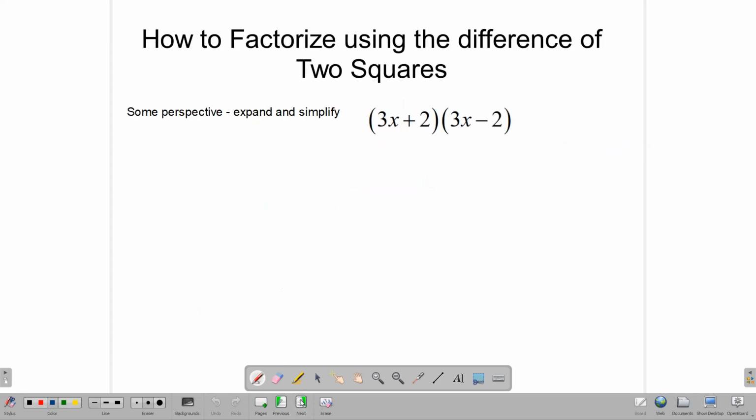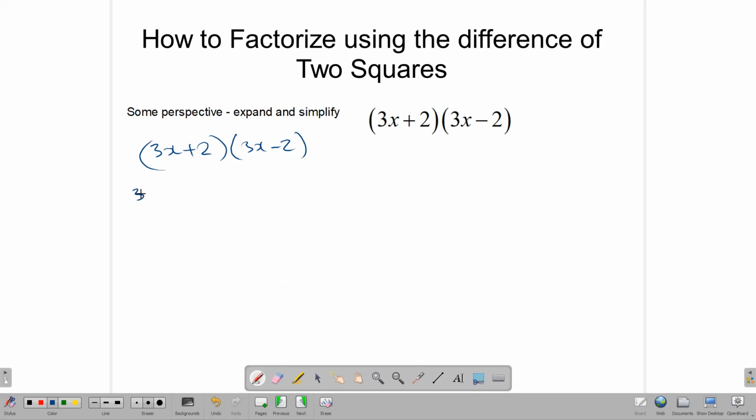All right. Before we start factorizing using the difference of two squares, I want us to look at this expression first. I want us to multiply it out, use the distributive law, and see what we get. So we have 3x plus 2 and 3x minus 2. We want to expand and simplify that.